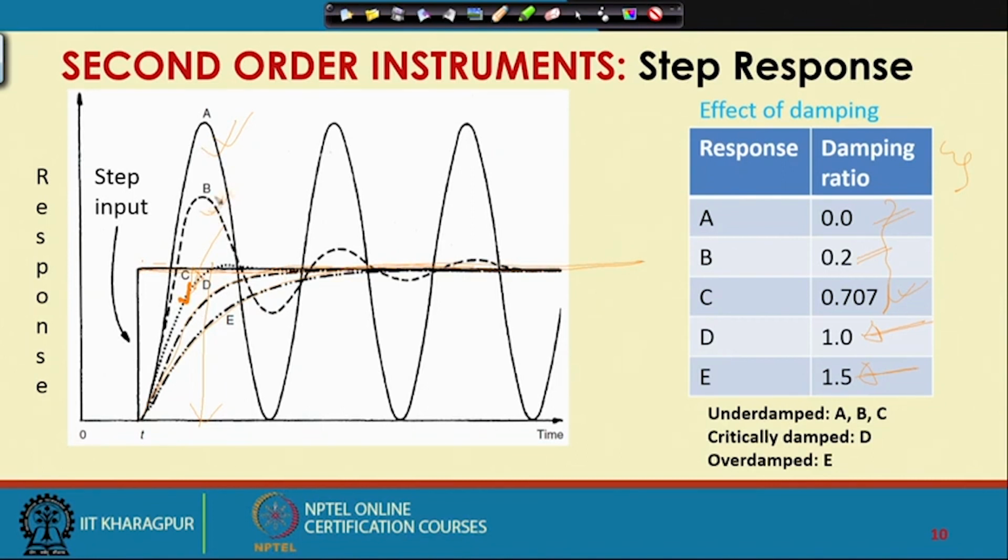With zeta equal to 0.2, it takes very long time. Zeta equal to 0.7, it takes somewhere here. Zeta equal to 1, it takes somewhere here. Zeta less than 1 takes even longer time. So, the pressure gauge, which is a second order instrument, is typically designed as an underdamped system with zeta value around 0.7 or so.